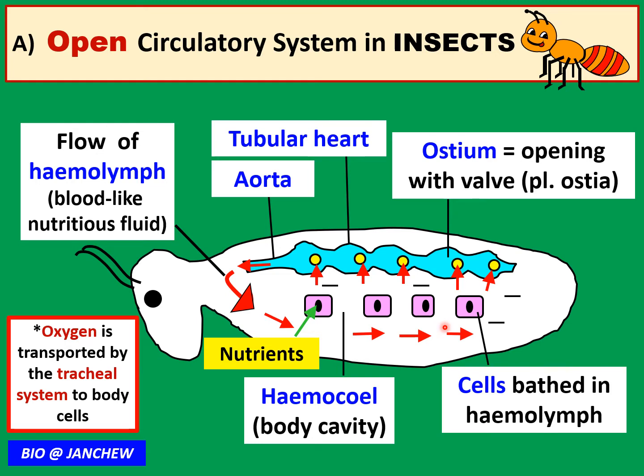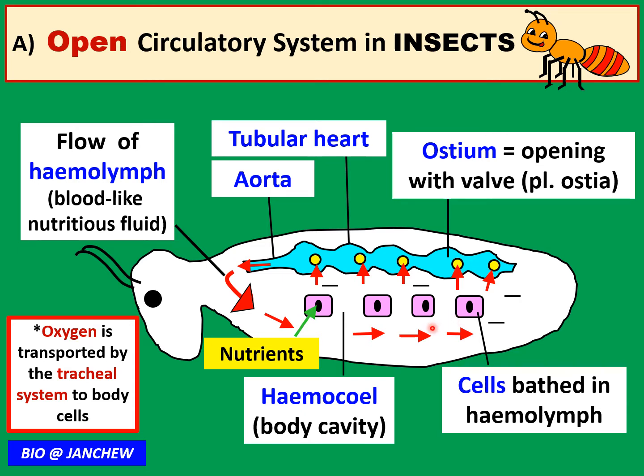For example, nutrients diffuse from the hemolymph into the cells. Waste products diffuse from the cells into the hemolymph. Next, when the heart relaxes, the pressure of the hemolymph inside the heart will be reduced. So the hemolymph outside the heart will flow back to the heart through the ostia, or the tiny openings here. Then the cycle will start again.